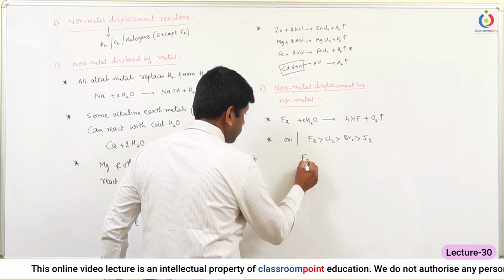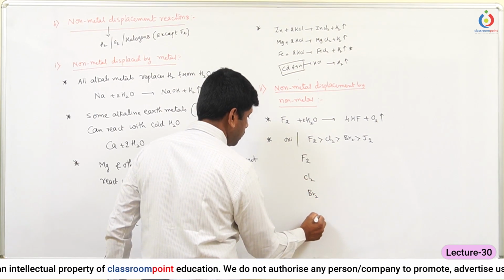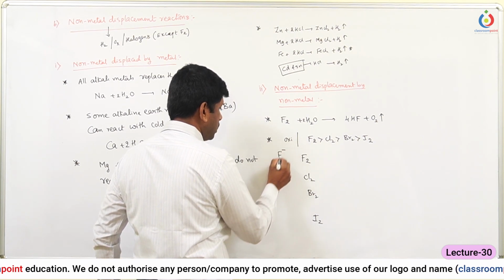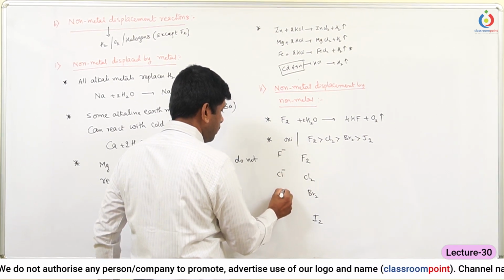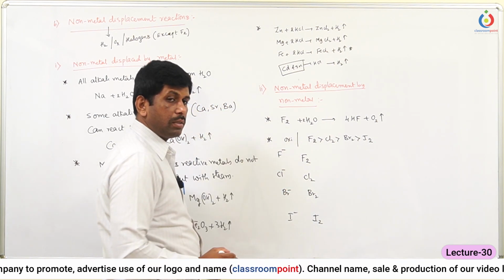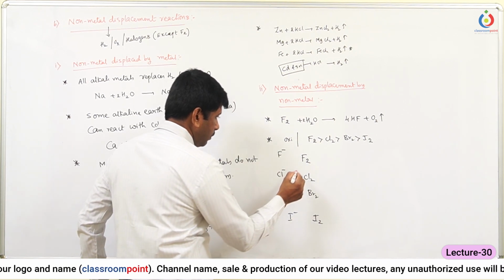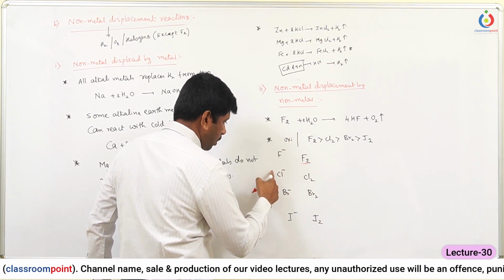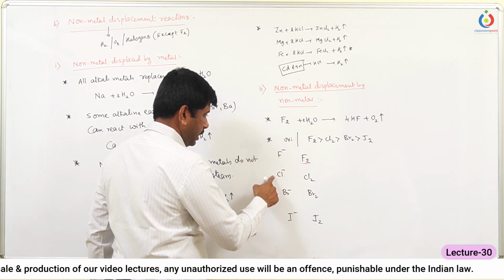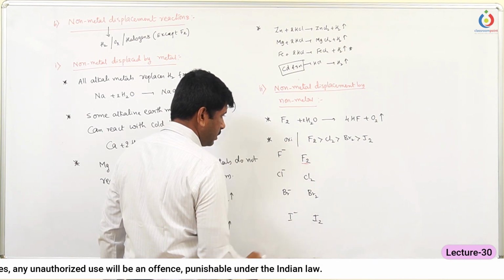So here we shall see. You take fluorine, chlorine, bromine and iodine. Let us take the respective ion salts F minus, Cl minus, Br minus and I minus. Remember that fluorine can oxidize all these ions into their respective halogens: Cl minus into Cl2, Br minus into Br2, I minus into I2.